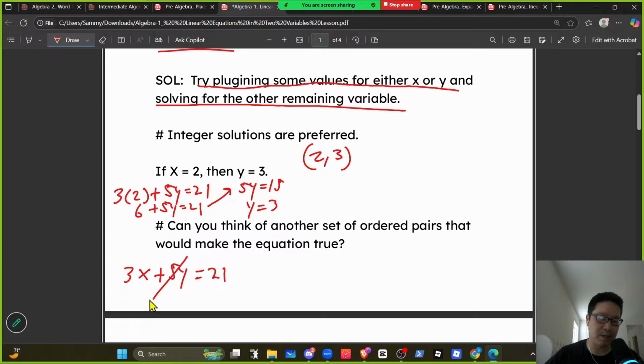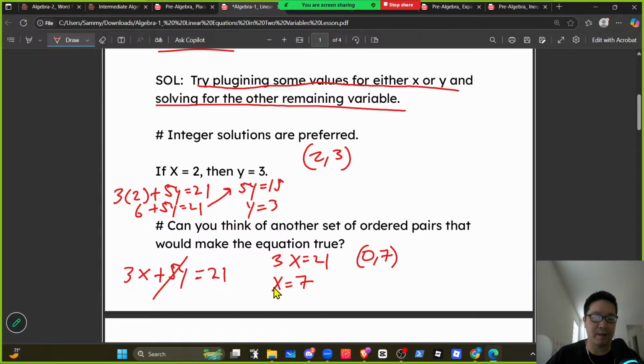Because 5 times 0 is 0. And so we would just be left with 3x equals 21. If you divide both sides by 3, you get 7. So another possible solution to this equation is 7 and 0.